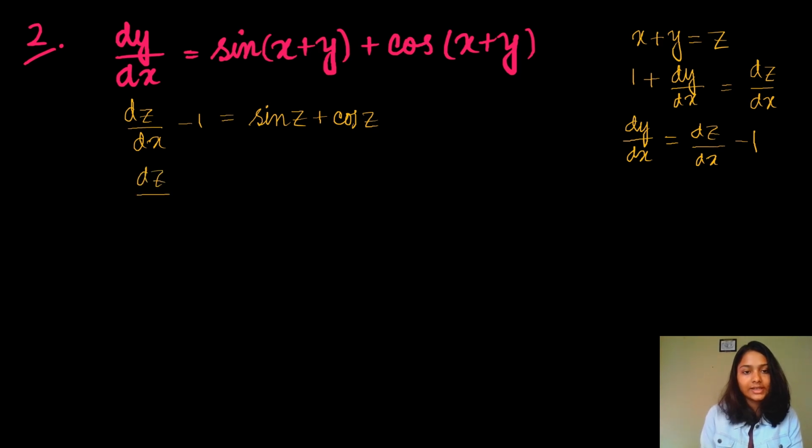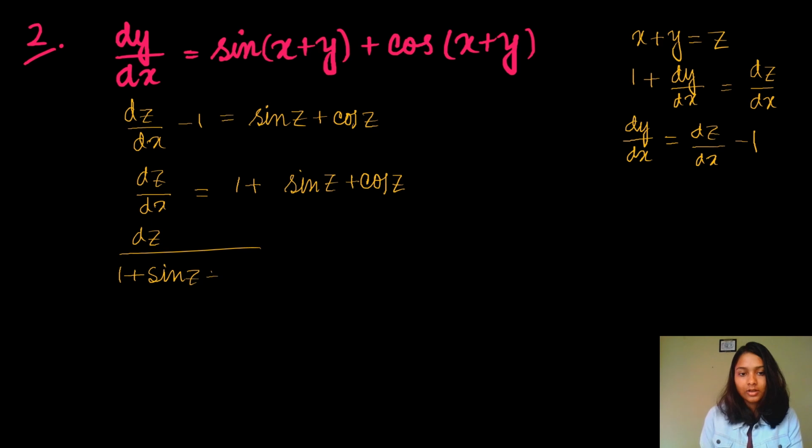So dz/dx equals 1 plus sine of z plus cos of z. So now we can separate these variables. So it will become dz divided by 1 plus sine z plus cos z equals dx. Now we can integrate these things.